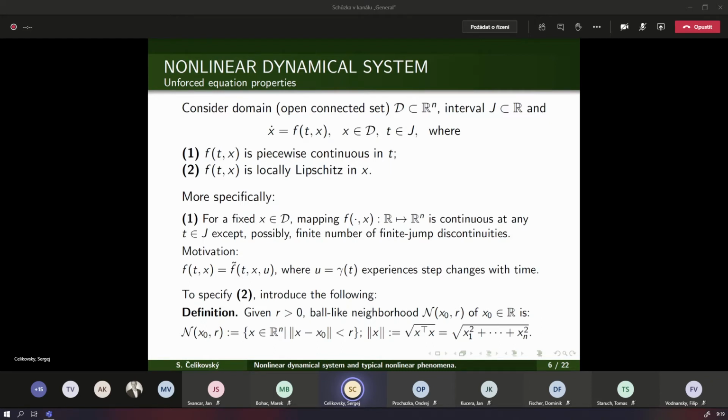Then they may have some sudden escape of solution to infinity, for instance. So these are three basic properties which for linear systems are so automatically valid that nobody even thinks about systems where this is not true.